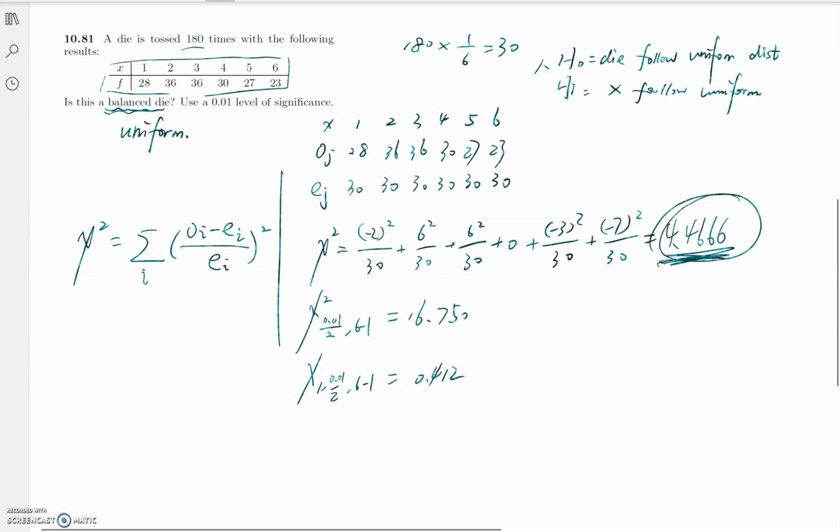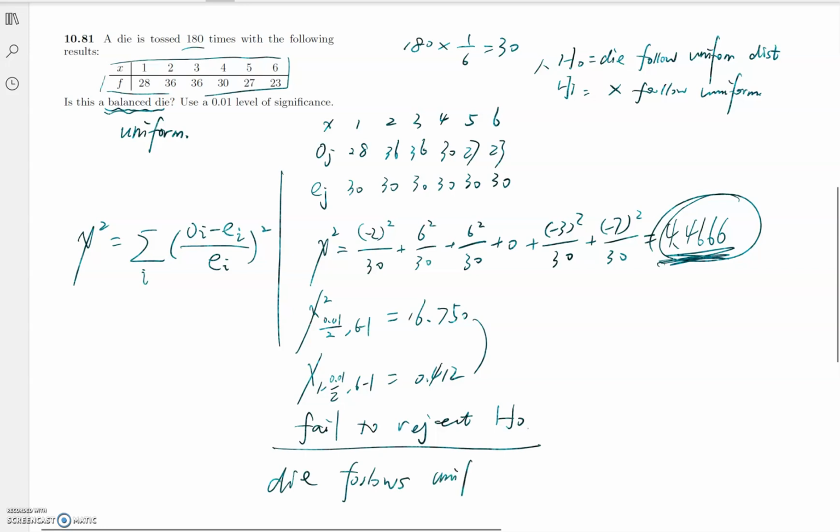Because 4.4666 falls between these two, we conclude failed to reject H0. Which means this die follows a uniform distribution, so this is a balanced die.